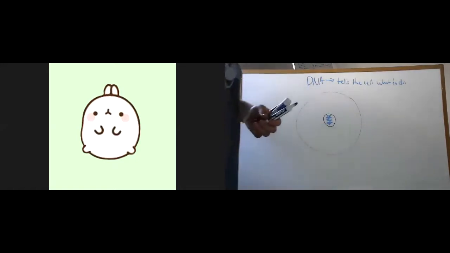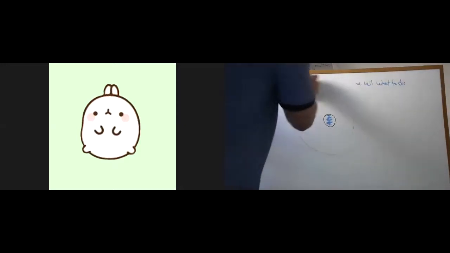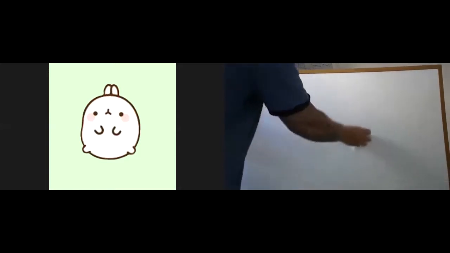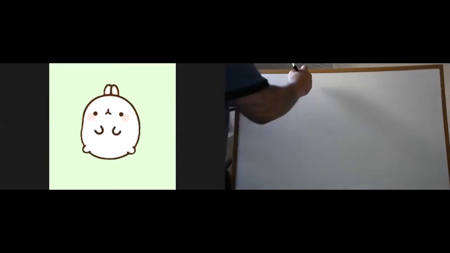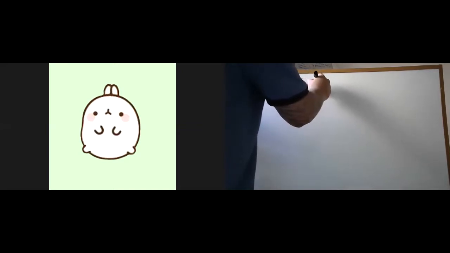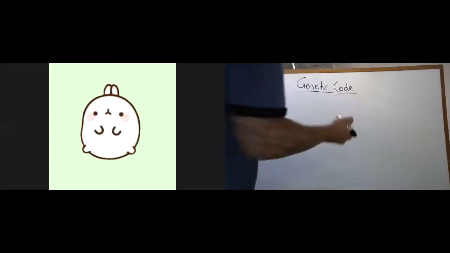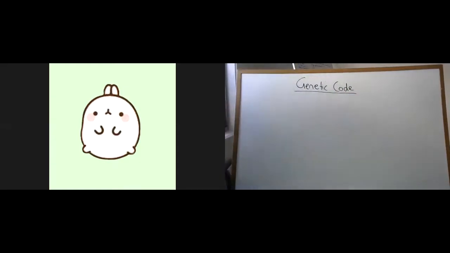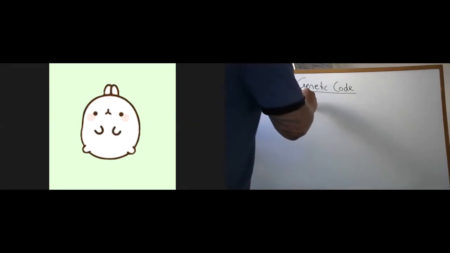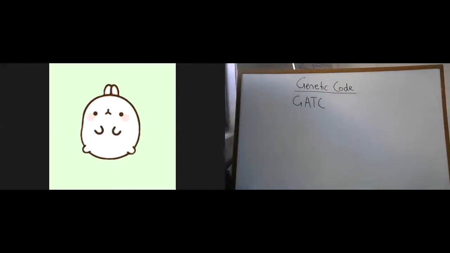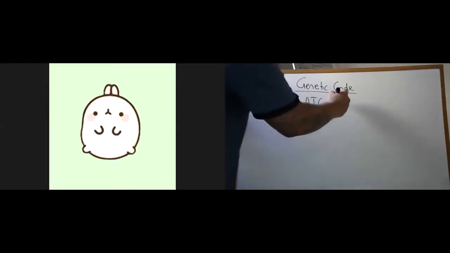And inside the DNA, we have this code. You'll hear it referred to as the genetic code. We have 4 letters in our code. G, A, T, and C. These are called bases.